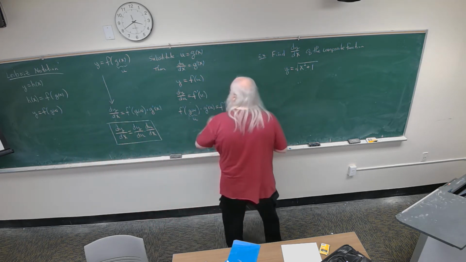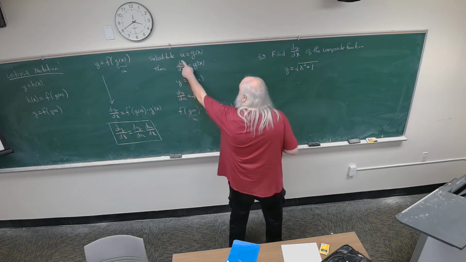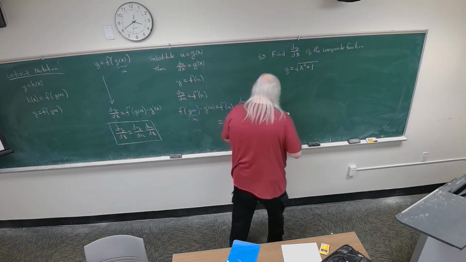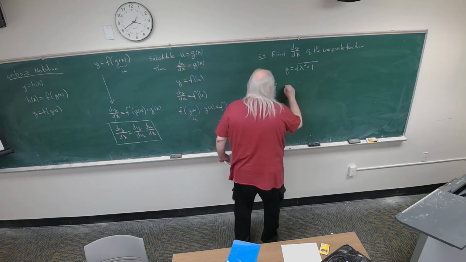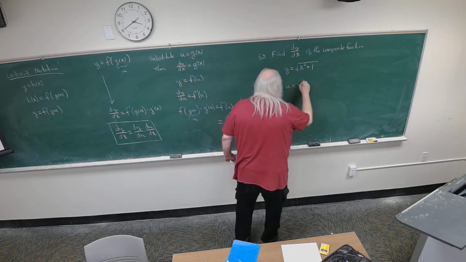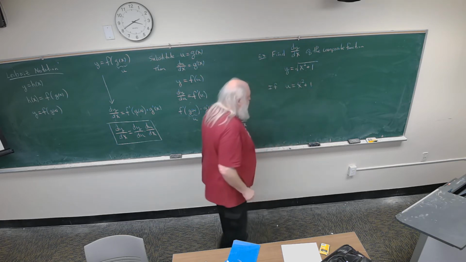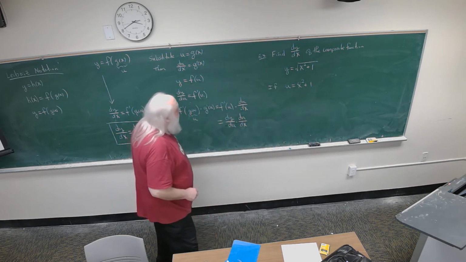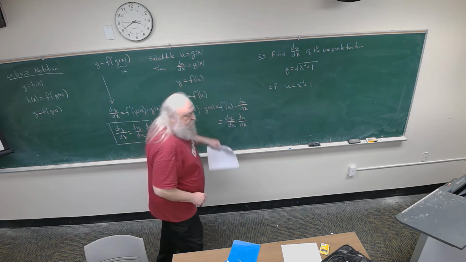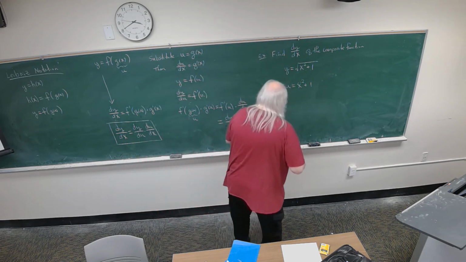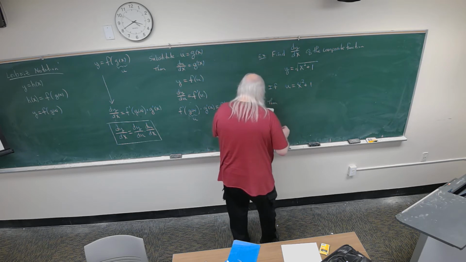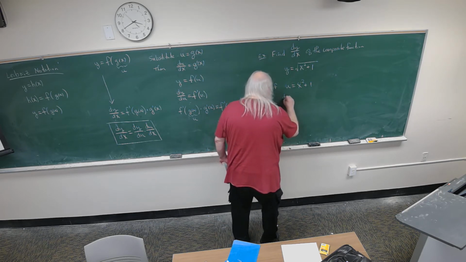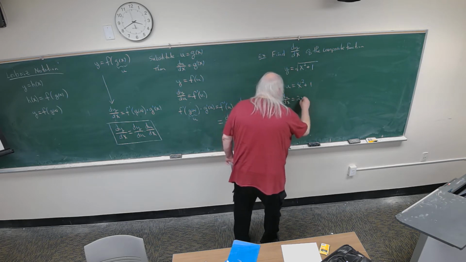So remember u, we set u equal to the inner function. And the inner function in this case is x squared plus 1, right? u is equal to g of x, the inner function. Okay. So if u is equal to that, then the derivative of u with respect to x is equal to 2x, right?